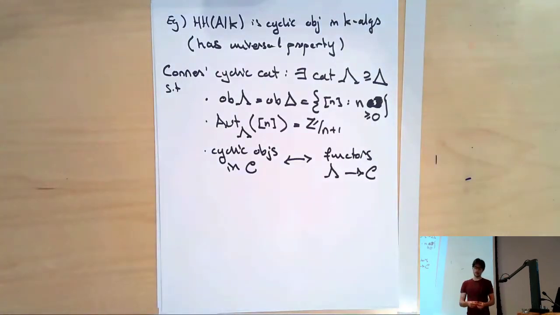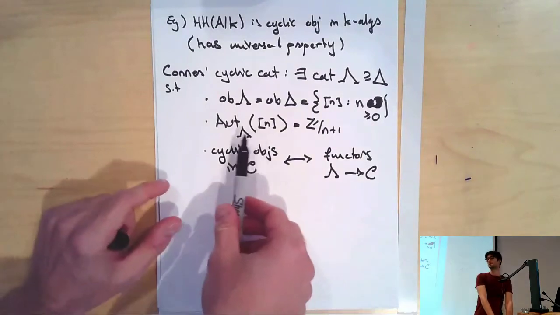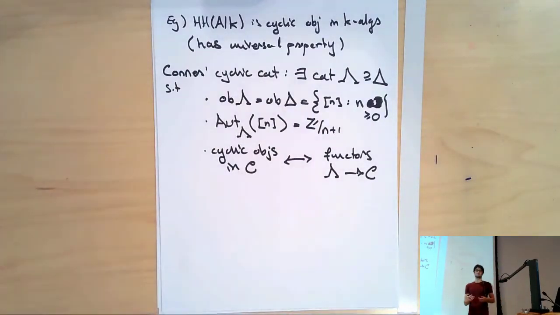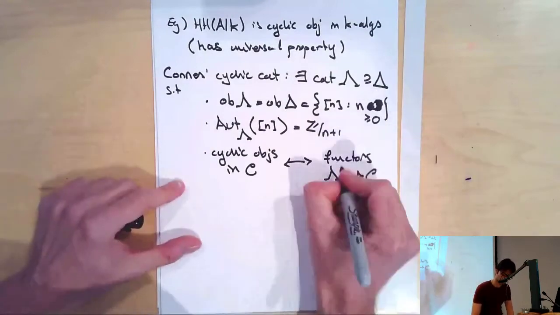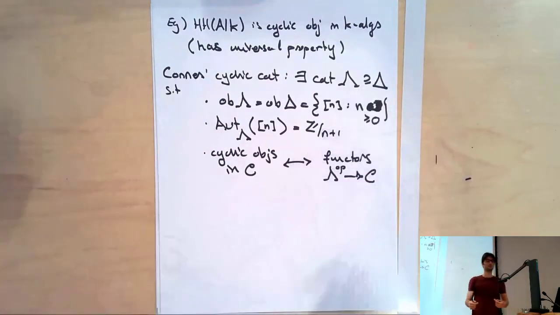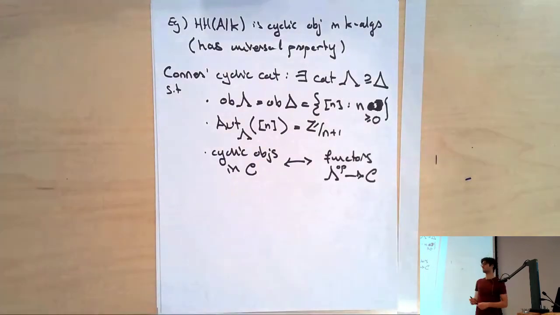So what you need to do that, well, you need to build these axioms into the composition law for the morphisms in this category lambda. And Kahn showed that there was a way to do that, so that if you've got some simplicial object, that is to say a functor from delta op to C, then it's going to admit this sort of cyclic structure if and only if you can extend it up to lambda.